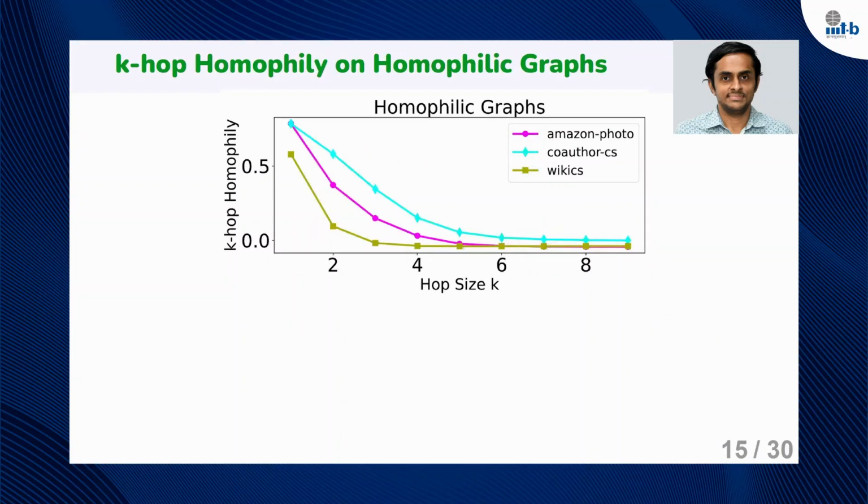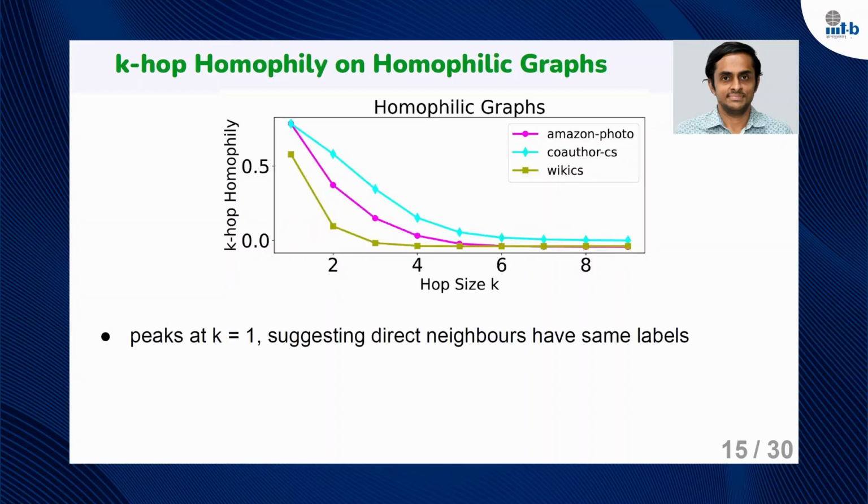Now this is k-hop homophily for homophilic graphs, the three homophilic graphs that we talked about. Interestingly, in the previous case they peaked at k equals 2. Here, they peak at k equals 1 because they're homophilic.